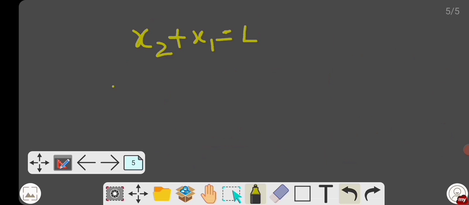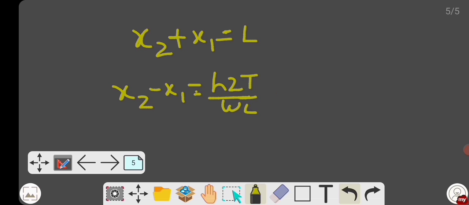That is, x2 minus x1 will be equal to H 2t by WL. Let us suppose this as equation 2.